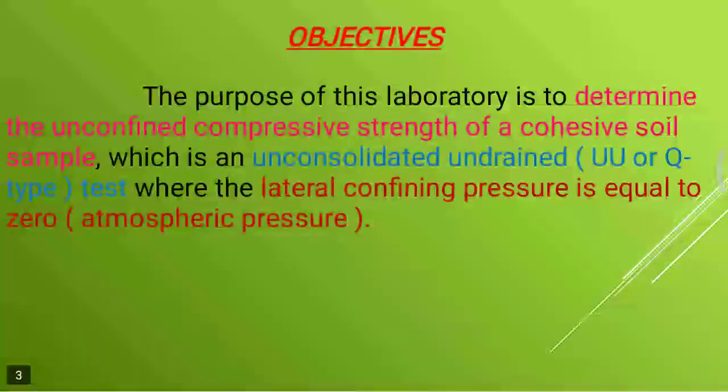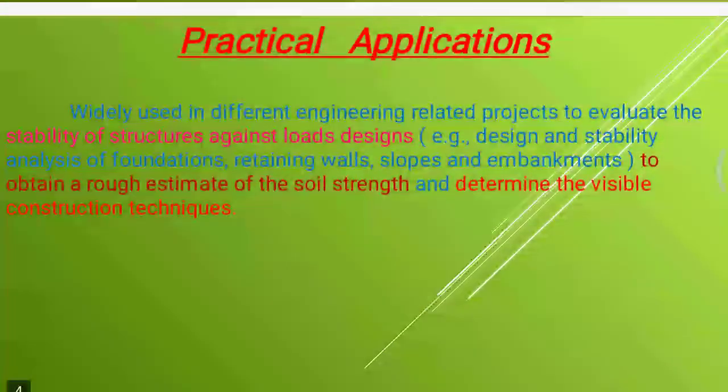The objective of the test is to determine the unconfined compressive strength of a cohesive soil sample, which is an unconsolidated undrained, that is UU or Q type test, where the lateral confining pressure is equal to 0, that is atmospheric pressure. Then, applications of this test.